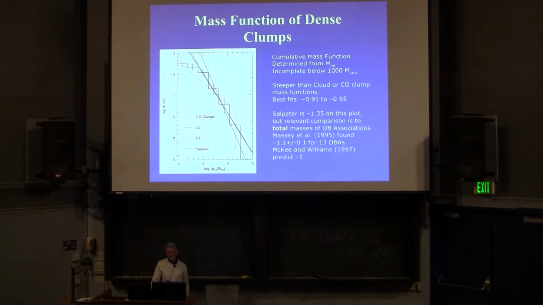In this particular plot, the Salpeter slope would be -1.35, but you really want to compare it to the total masses in OB associations, and that has a slope of about -1, which is pretty close to the slope that you see for these massive dense clumps. So it's very plausible that these are the precursors of OB associations.